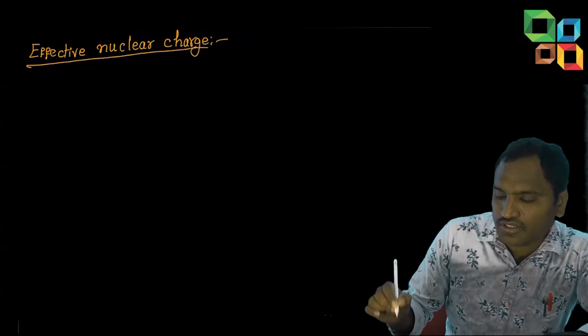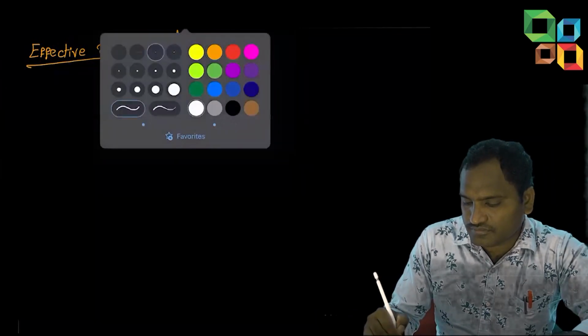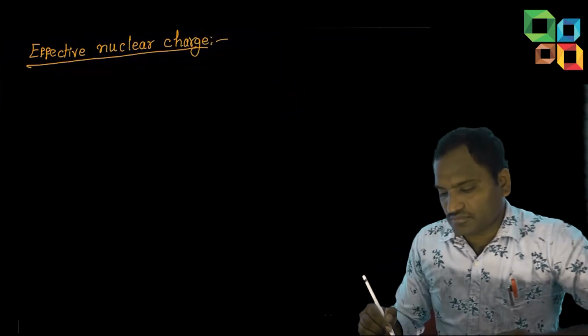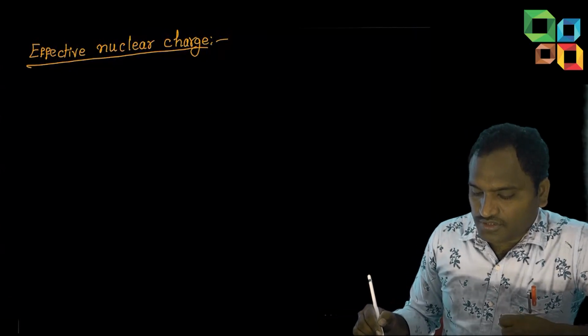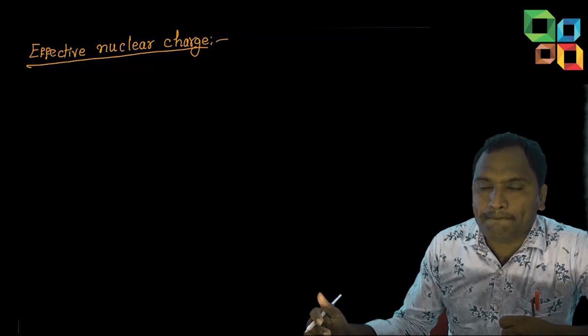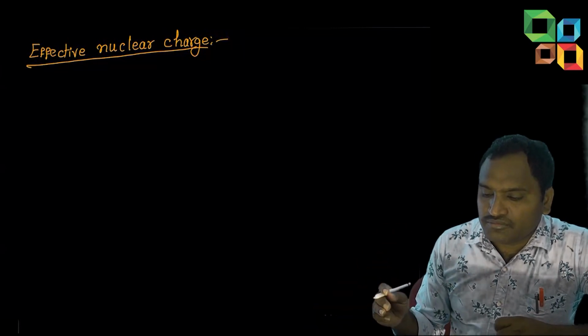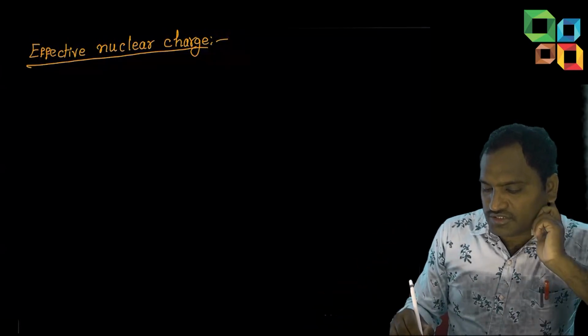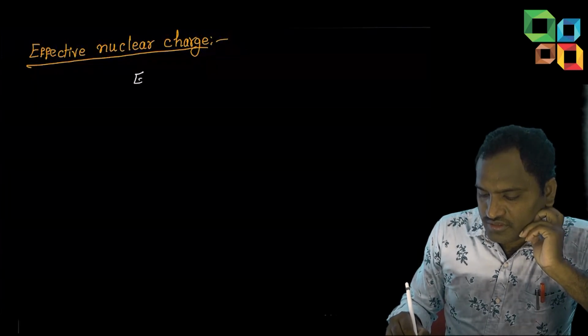Effective nuclear charge. As effective nuclear charge increases, the tendency of attracting a pair of electrons increases. So it is directly proportional.